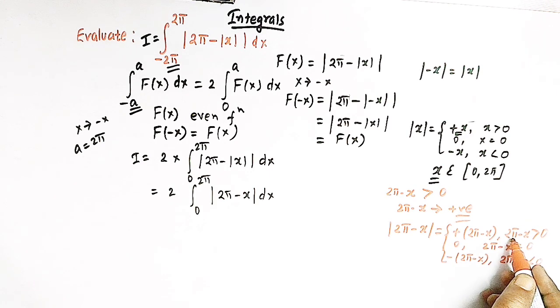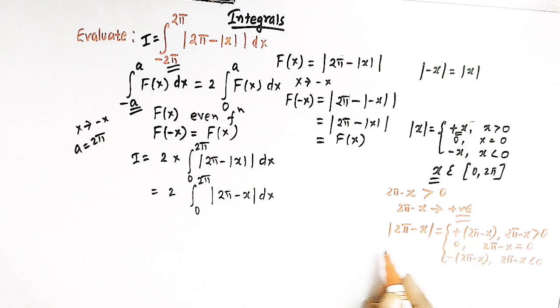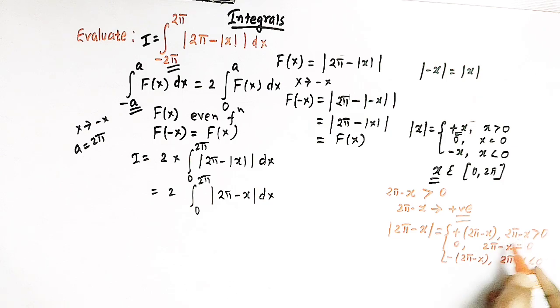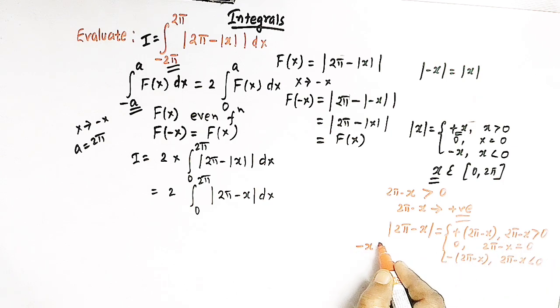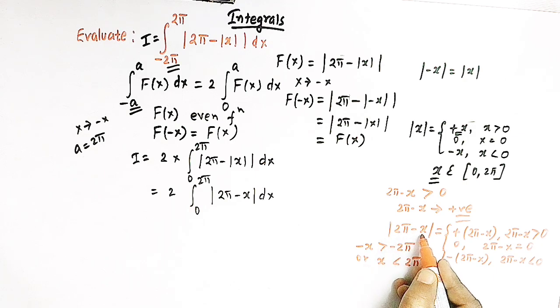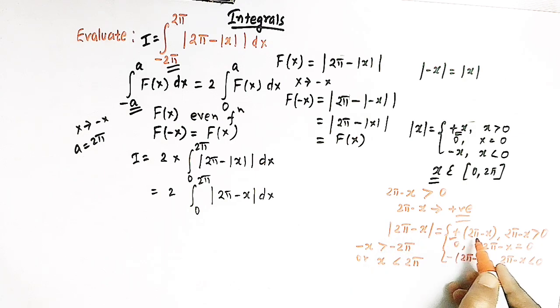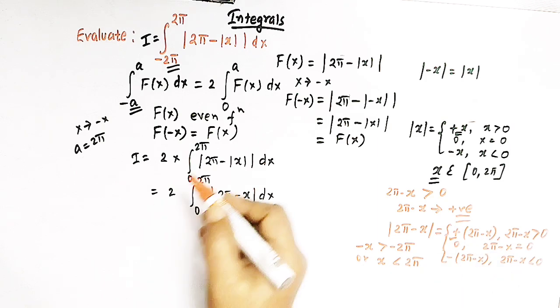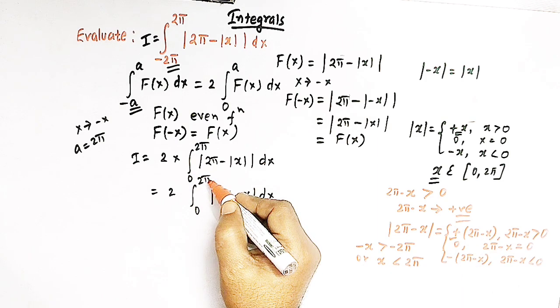So from this part of the definition, we can see that mod of 2 pi minus x is equal to positive 2 pi minus x when minus x is greater than minus 2 pi, or x is less than 2 pi. Right. So whenever x is less than 2 pi, mod of 2 pi minus x is equal to positive 2 pi minus x, and our limits of integration vary from 0 to 2 pi, right?